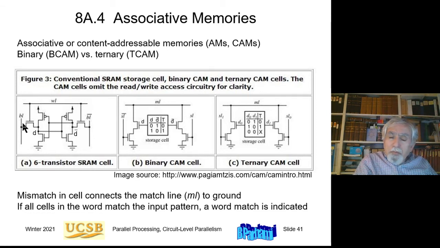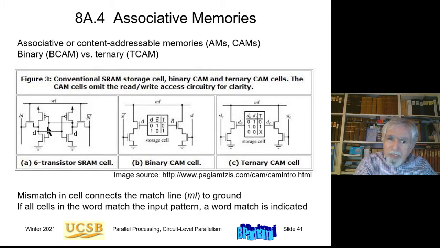Then when we want to read the contents of a word from an SRAM, we select that word using the word line. So the decoder basically selects this word, says I want to read this word. Okay, when this word is selected, these signals are asserted, and therefore these two switches open, and the value of D stored in this cell appears on this line, and the value of D bar on this line, and these go to the place where the content is detected.